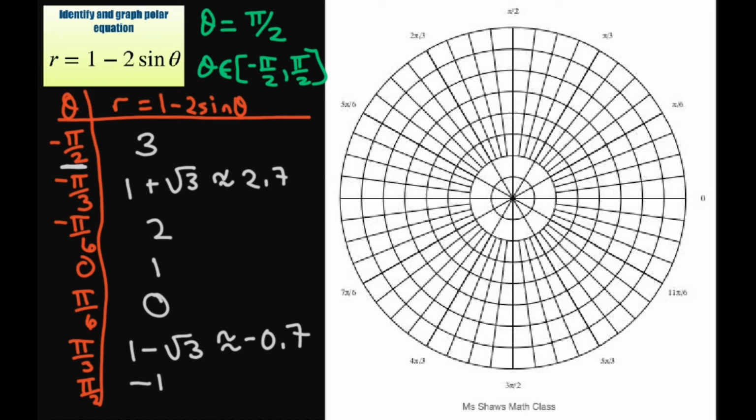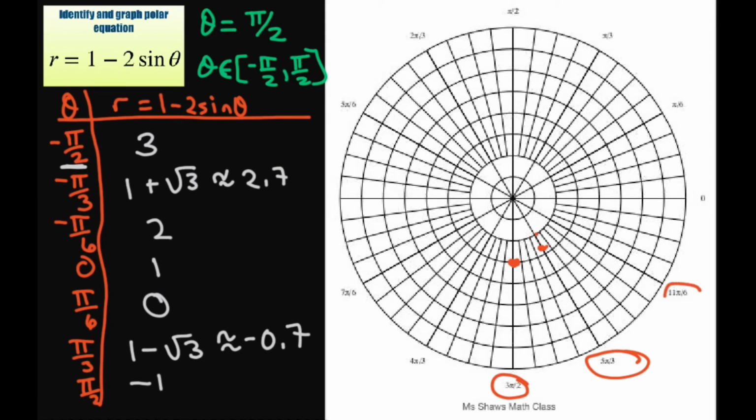So let's start the graphing process. At negative pi divided by 2, we're at 3. So go out 1, 2, 3. At negative pi divided by 3, we're at almost 3, not quite, so go in a little bit.